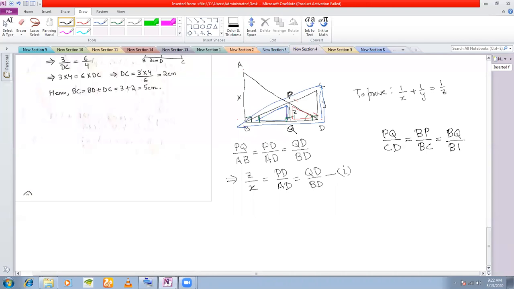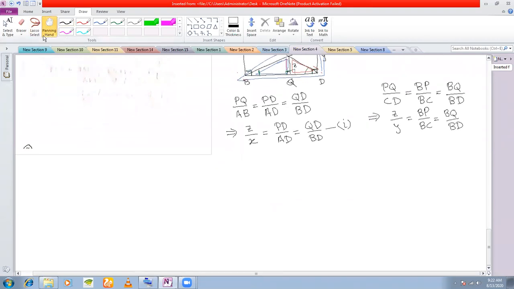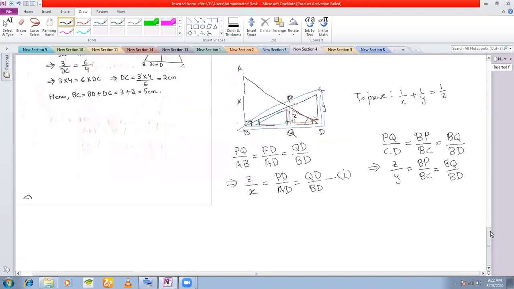Fine. So what is given here? PQ is given to be Z and CD is given as Y. BP by BC is equal to BQ by BD. Fine. So these are the two relations from which we are going to do the proof. Now see what happens here.